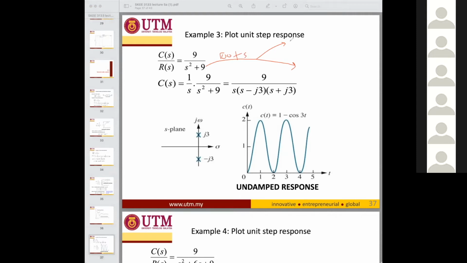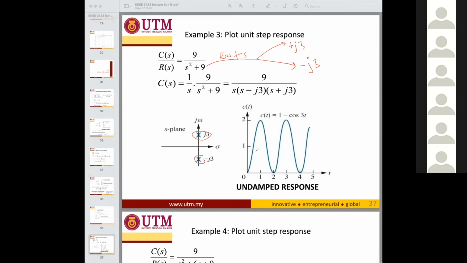The roots are positive j3 and negative j3. Plus minus j3, okay? So you locate them here on the imaginary axis.